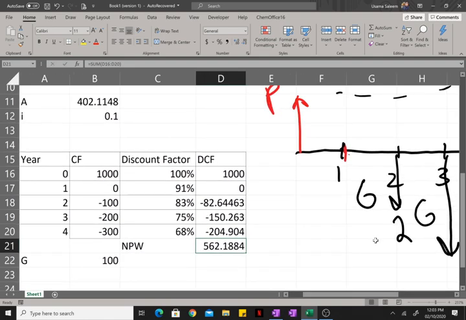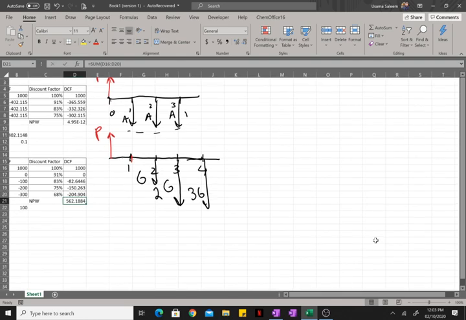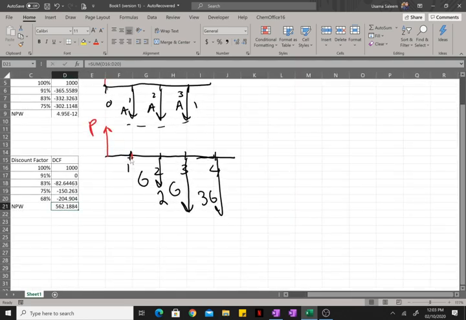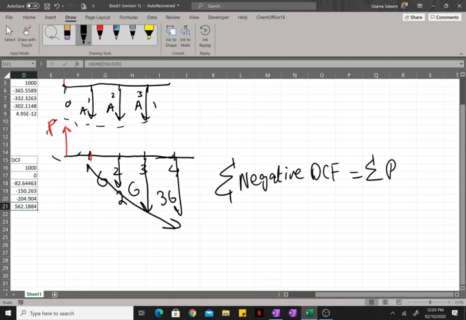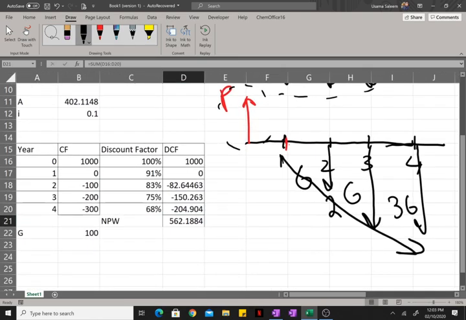If I just know the basic principle that the negative discounted cash flows have to balance the positive discounted cash flows, that's how I'm going to work out the amount that will be required to pay each year.